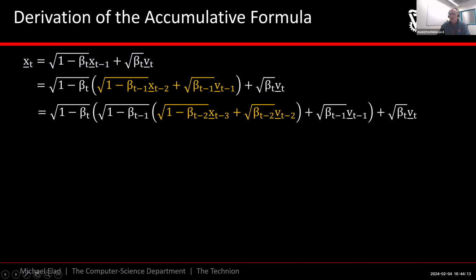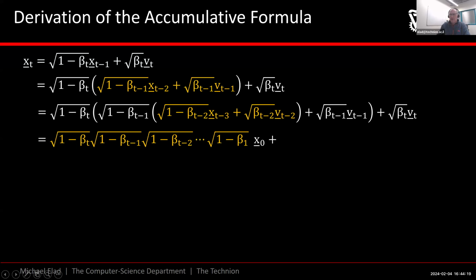In a telescopic way, you can write it down all the way to x0. And look at the coefficient that we will end up with. It will be square root of 1 minus beta t, square root of 1 minus beta t minus 1, square root of 1 minus beta t minus 2, etc., all the way to 1 minus beta 1.